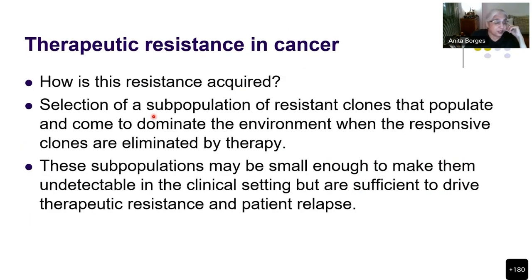All right. So let's take therapeutic resistance in cancer. How is this resistance acquired? I'm sure all of you know that you get resistance in microbiology when you use drugs. The organisms that are susceptible to the drugs disappear, and then there are some resistant clones in that population, which are no longer repressed by the antibiotics you're using, and then they dominate the environment.